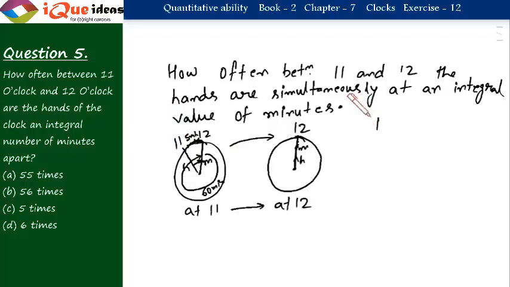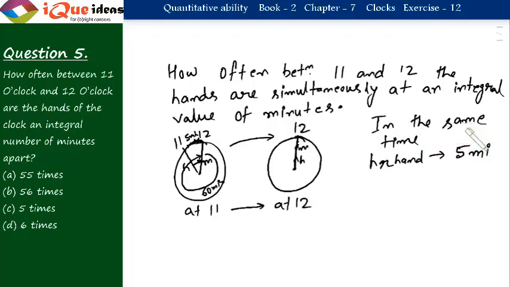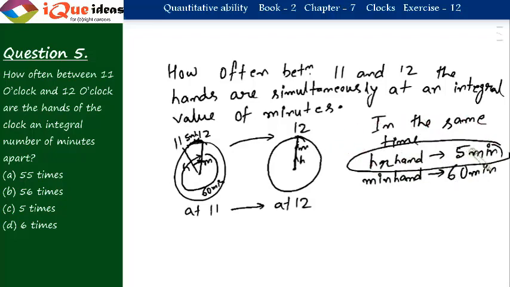So in the same time, the hour hand has traveled 5 minutes of equivalent distance on the clock, and the minute hand has traveled 60 minutes of equivalent distance. Now this means for every 1 minute of the hour hand, the minute hand will travel 12 minutes, right?